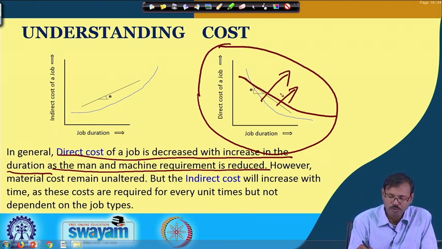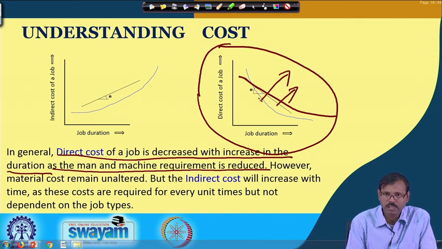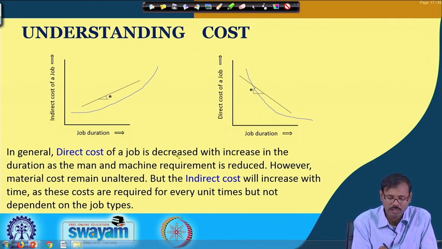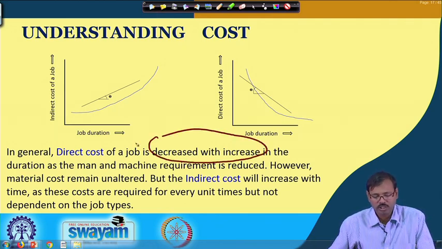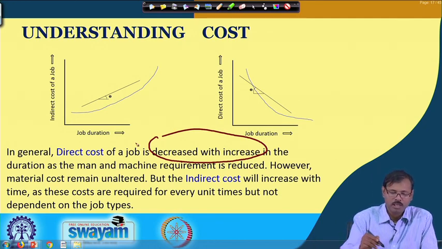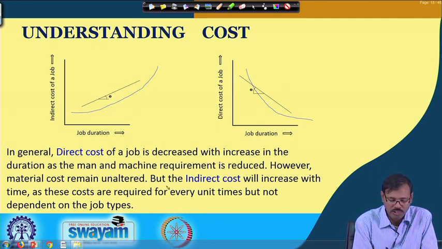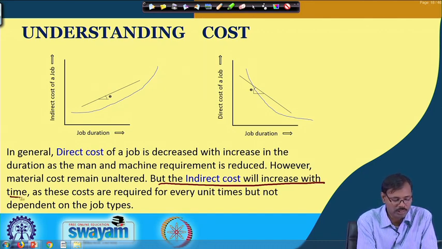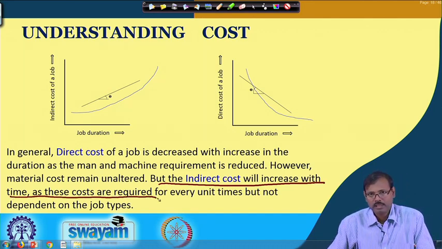However, if you try to expedite the job, you have to deploy additional machines and additional manpower, which means it costs you more. That is why direct costs are inversely dependent on time, decreasing with the increase in time. But the indirect cost will increase with time as it is purely dependent on time.